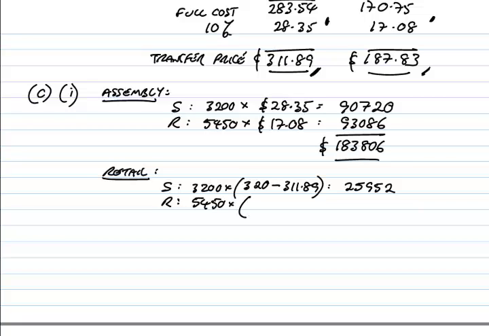They're selling at 260. They're paying a transfer price of 187.83. So the profit 72.17, 5,450 units is 393,327. Is that right? 260 minus 187.83, 5,450 units. 393,327. That's right.